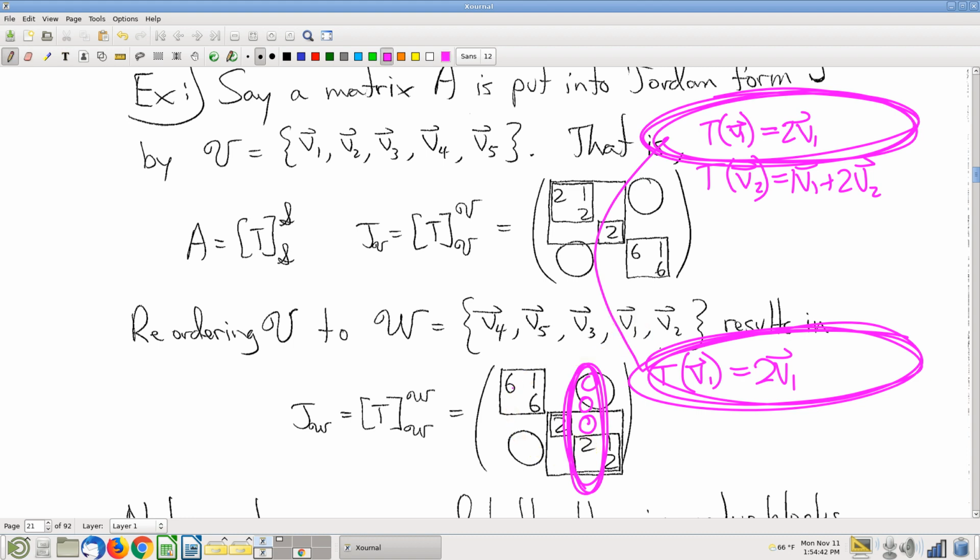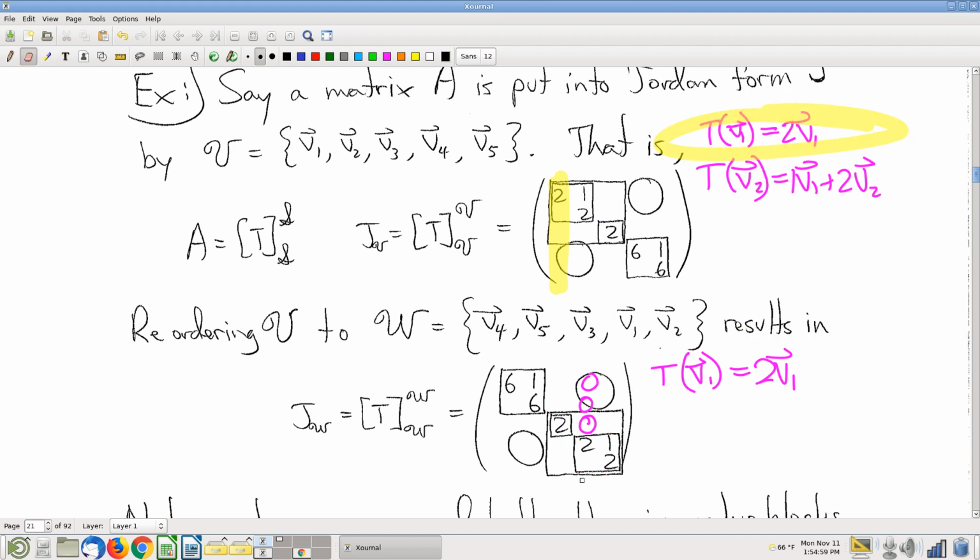And then lastly, 0 V2. So again, no reason to write that down. So lo and behold, same equation, right? So this column in that matrix gives me that equation. This other column in the other matrix gives me that equation.